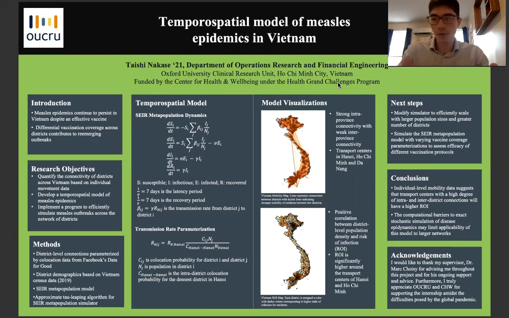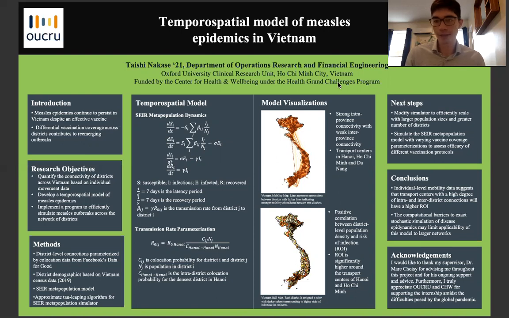So, as many of you may be aware, the measles vaccine has been widely available since about the 1970s. But despite this, it still remains a very high cause of mortality in developed nations, especially among younger children. In particular, Vietnam has been experiencing a resurgence of outbreaks since about 2005.